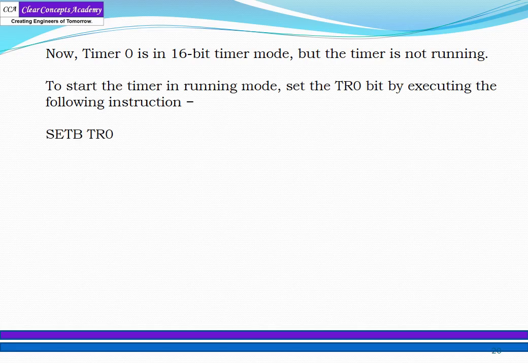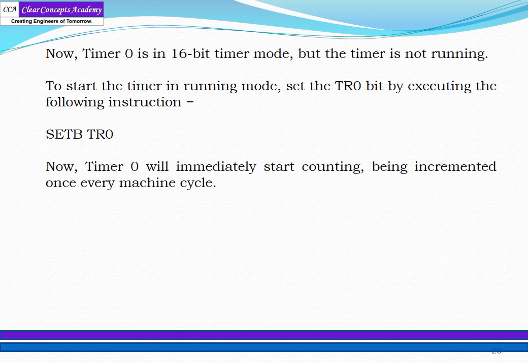When you set TR0 to 1, the timer will start running in 16-bit timer mode. Timer 0 will immediately start counting, being incremented once every machine cycle. This is now working as a timer.